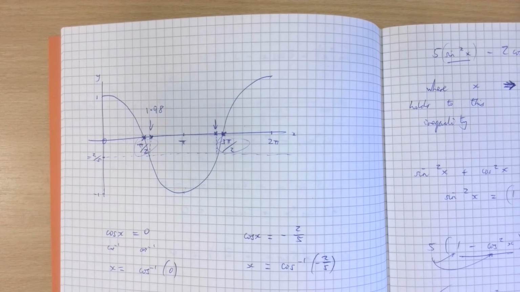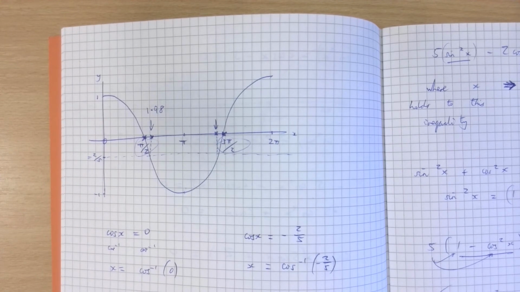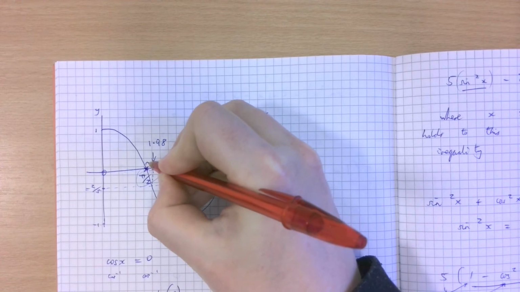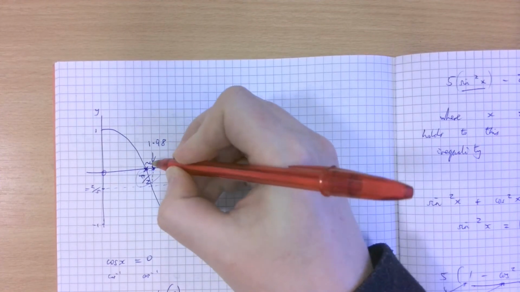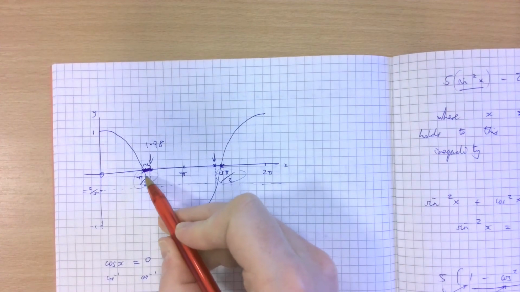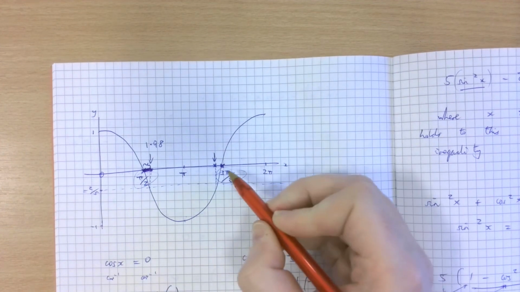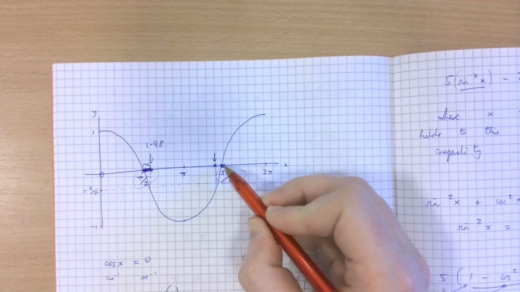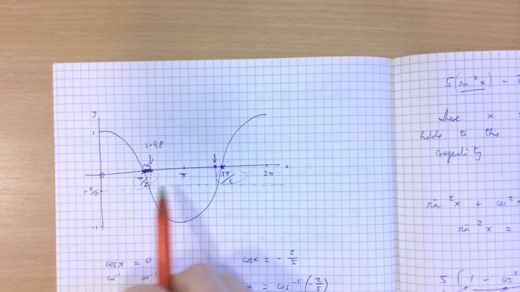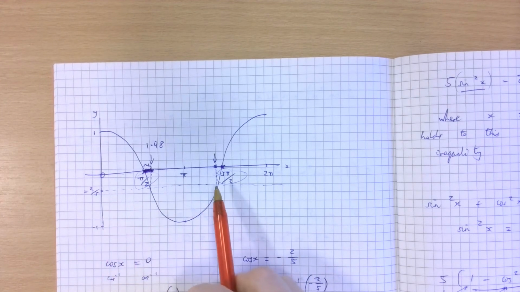So if I find the difference between 1.98 and pi over 2, this gap here, if you can see, this little space here that I'm indicating, if I find that little gap and I take it away from 3 pi over 2 over here, then I'll find that other root, the other point where minus 2 over 5 intersects with this cos graph.